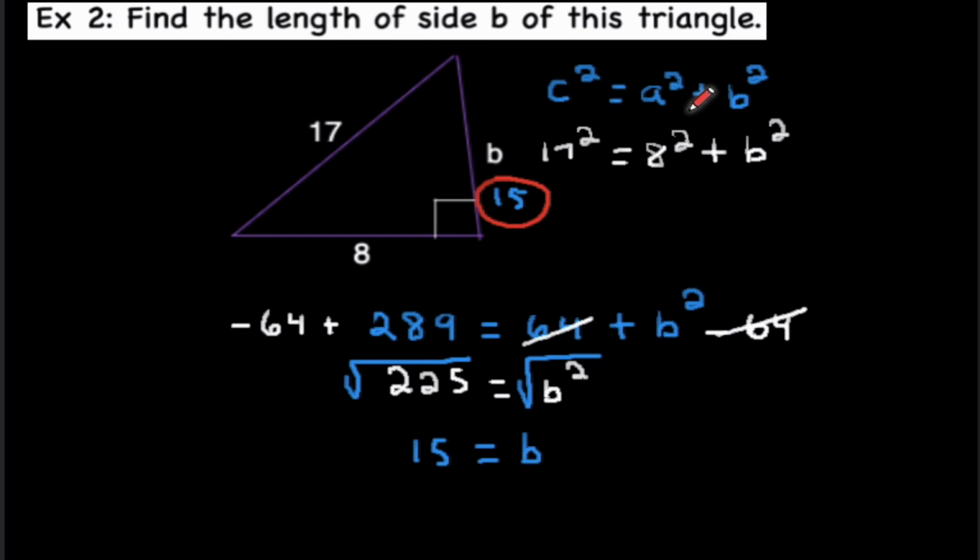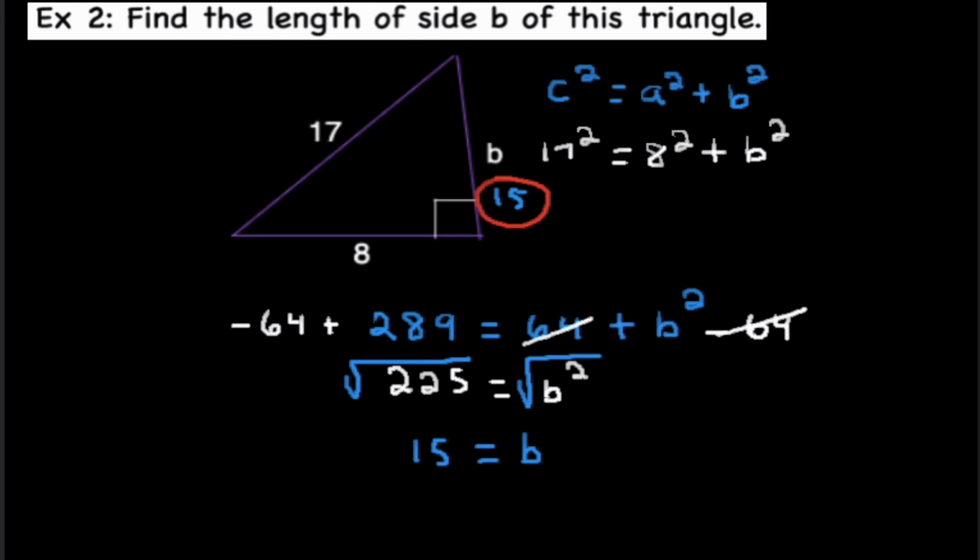These are positive integers that fit the formula c squared equals a squared plus b squared, so the numbers don't consist of decimals, fractions, or even radicals. They're simply whole numbers. It's good to commit to memory some Pythagorean triples, because it'll help you find out what a leg or a hypotenuse may be.